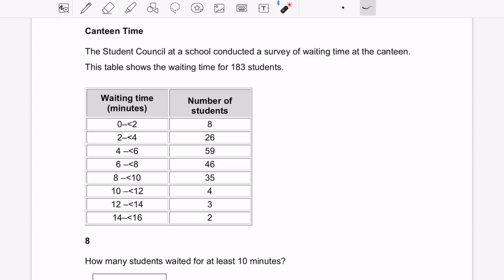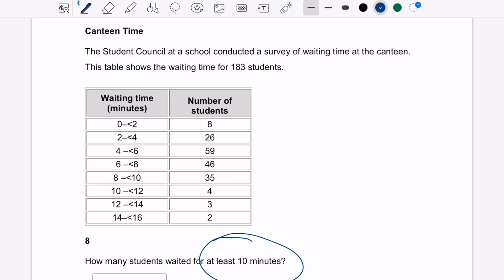Okay, we're going to go for 2 more questions. The student council at a school conducted a survey of the waiting time at the canteen. This table shows the waiting time for 183 students. How many students waited for at least 10 minutes? Alright, so these people waited for 8 to less than 10 minutes.